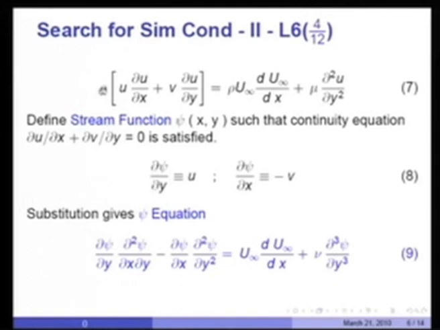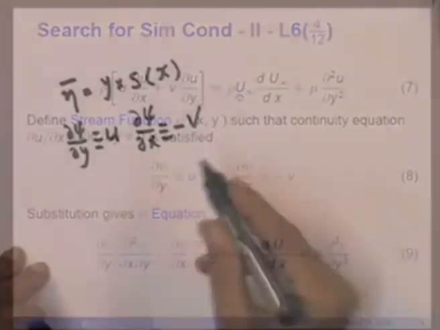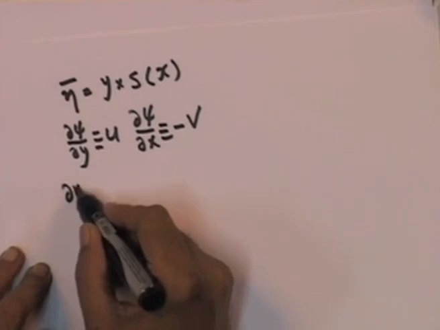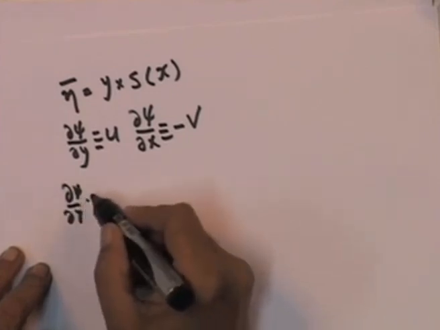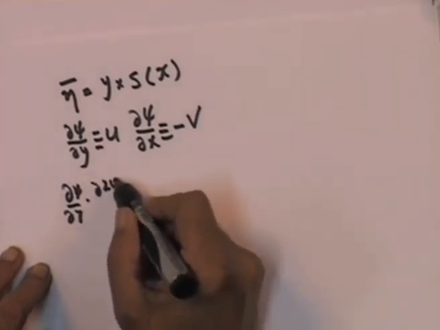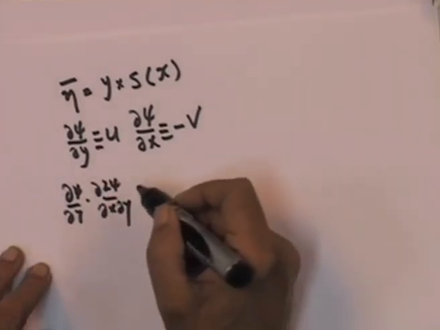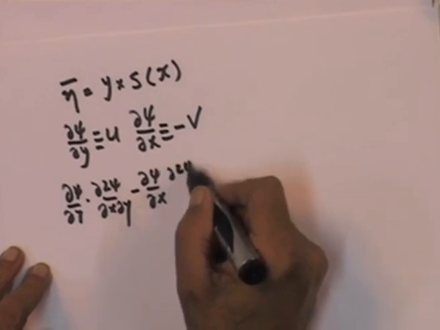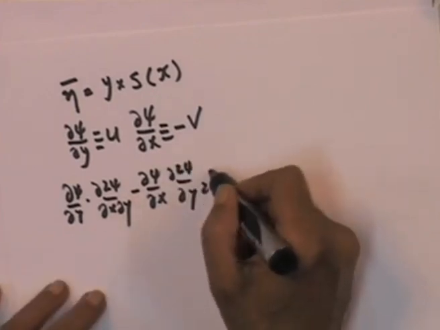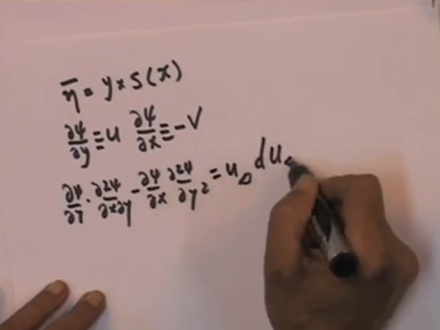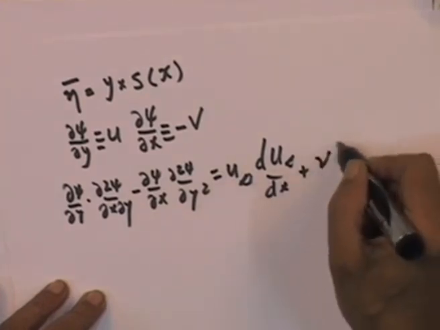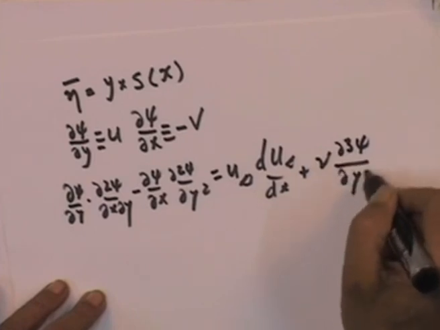If I now substitute for all these quantities, and I am already going to divide by rho, then the momentum equation will become d psi by dy into d2 psi by dx dy minus d psi by dx, which is v, times d2 psi by dy square, equal to u infinity du infinity by dx plus mu divided by rho, which is nu, times d3 psi by dy cube.